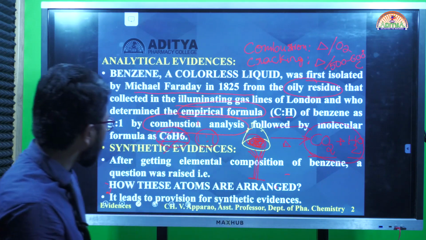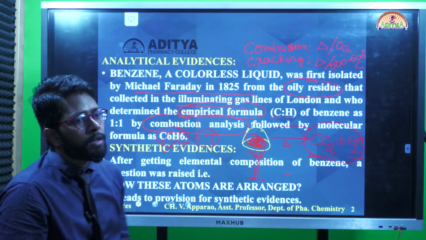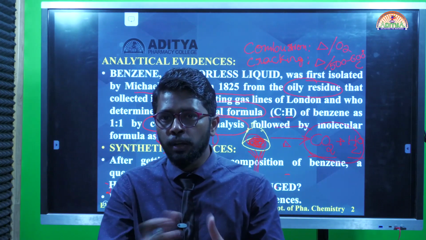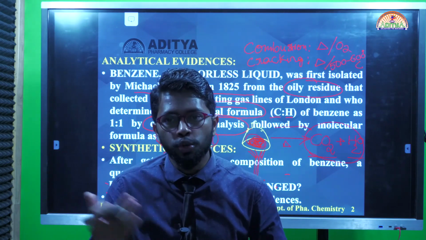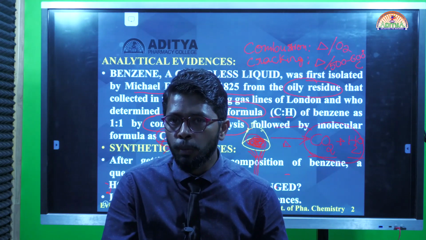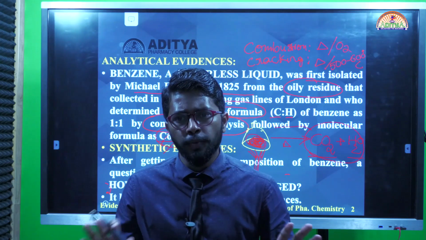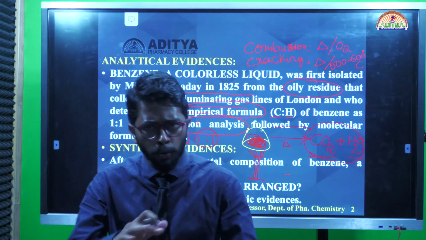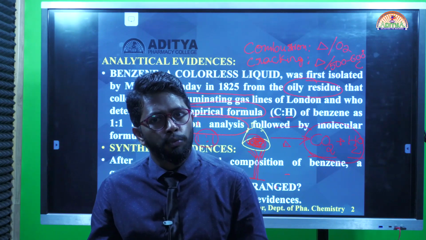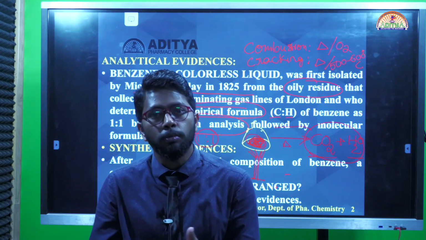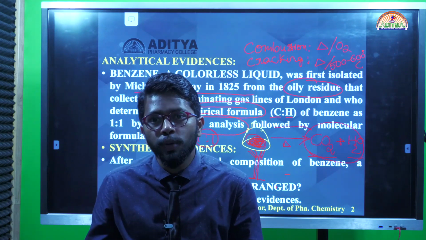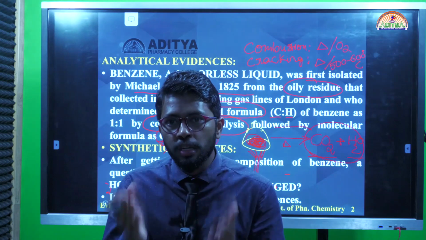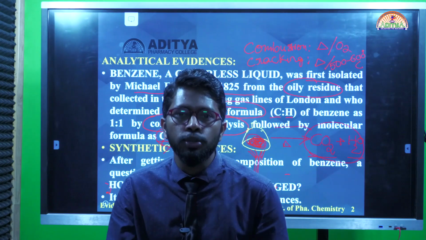Now coming to the next one, synthetic evidences. We are ready with the empirical formula as a 1:1 ratio and the molecular formula as C6H6. If you know the molecular formula, do you know the structure? No, we didn't know the structure itself. We still didn't have any structural representation, any Lewis structure for the benzene nucleus.